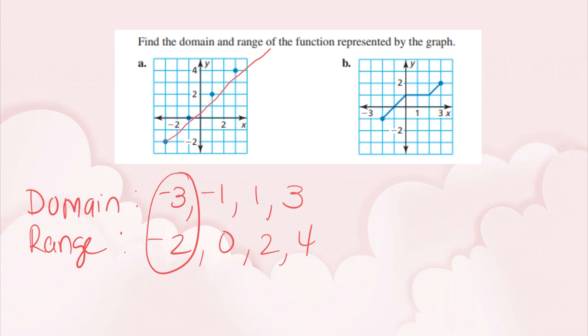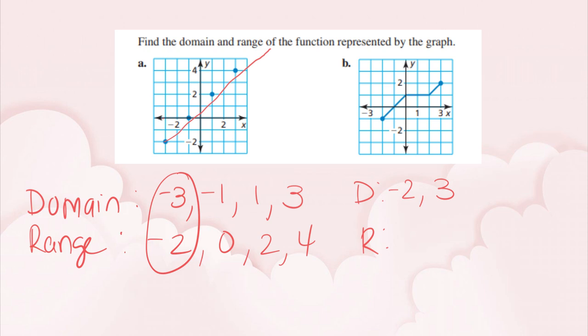Now let's find the domain for graph B. I only have 2 points there, right? What is the domain? Definitely 1, right? What is the other one? -2. And what is my range? Which is my range here?